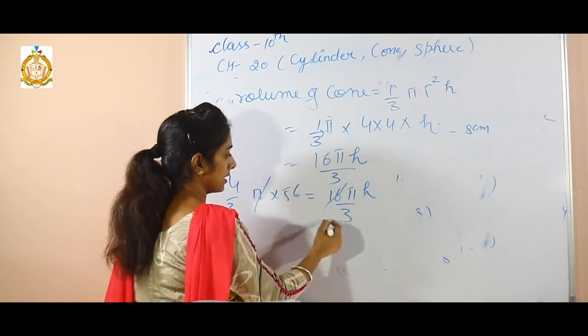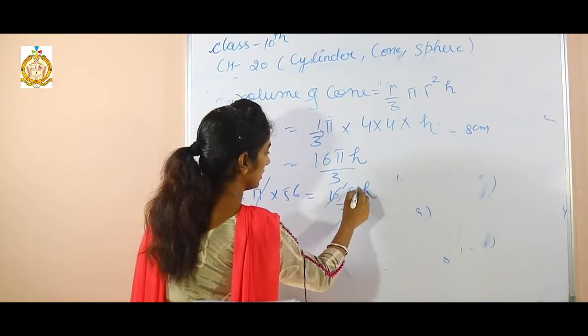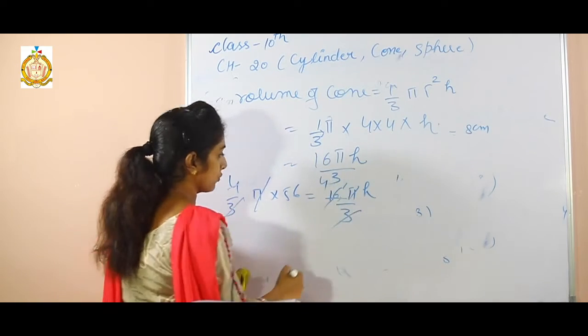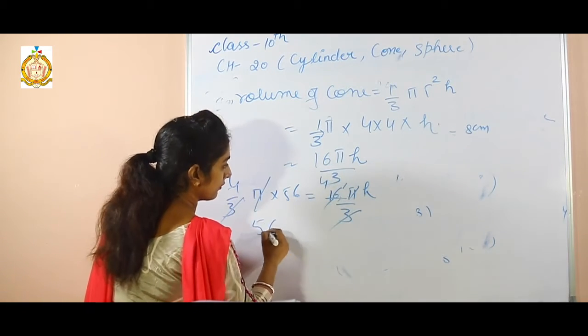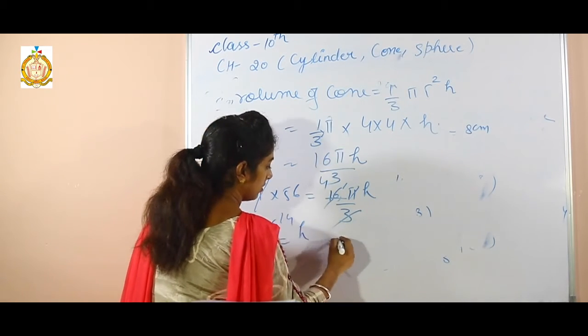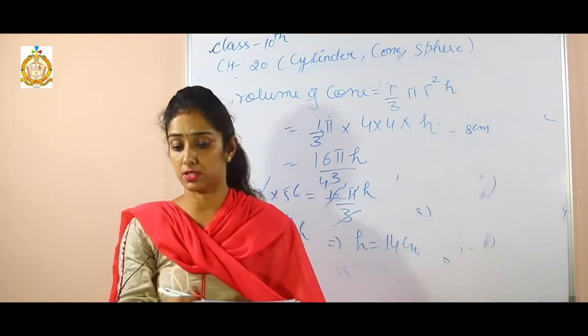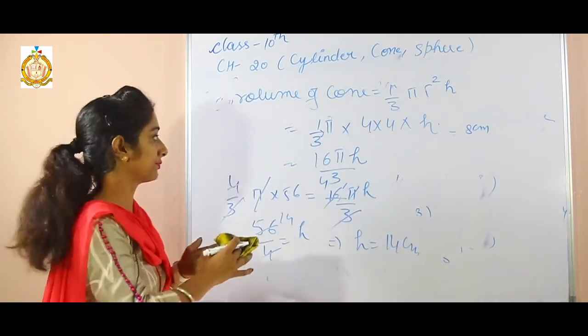Now pi is cut with pi, 3 is cut with 3. Now there is 16. 4 ones are 4, 4 fours are 16. 56 over 4 is equal to h. Now what is the value of h? That is 14 centimeter.